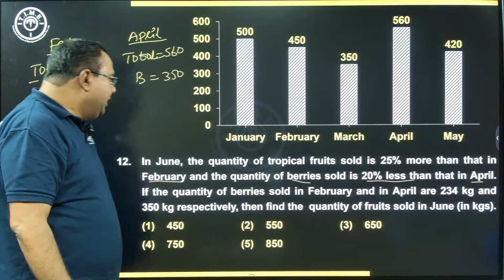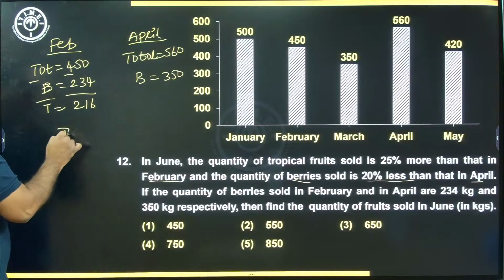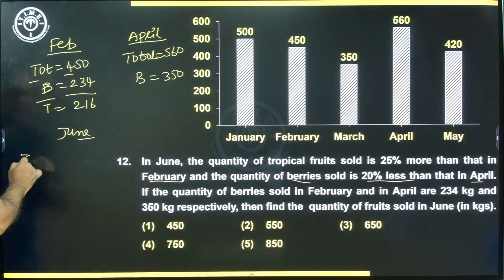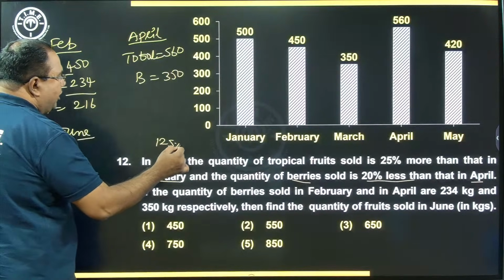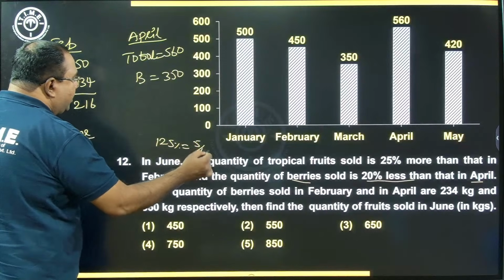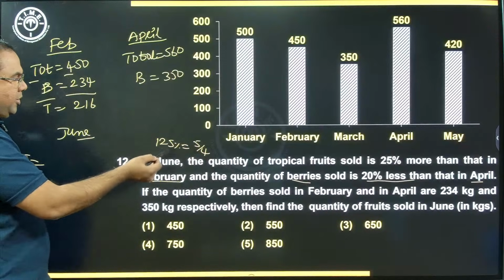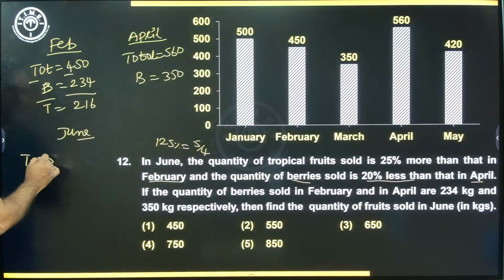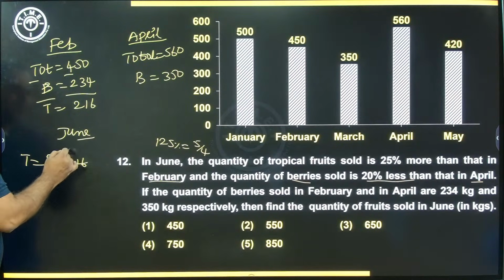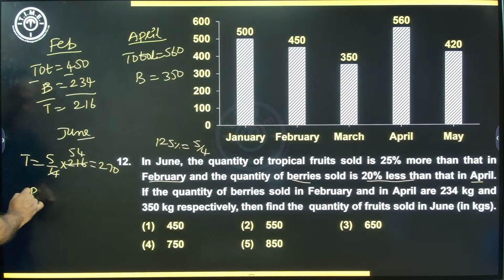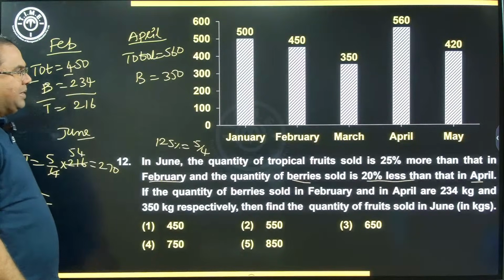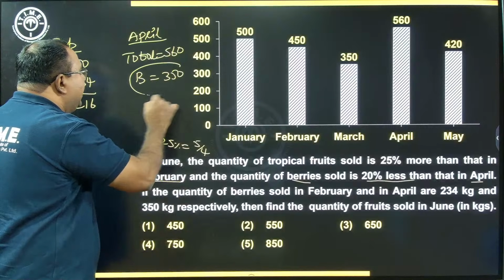Now in the month of June, the number of tropical fruits is 25% more. 25% more means it has to be 125%, which is 5/4 of tropical fruits sold in February. So it is 5/4 of 216, which is 270. Right?